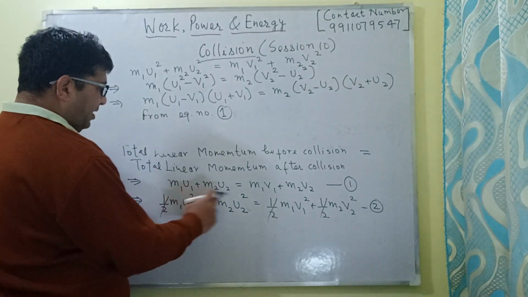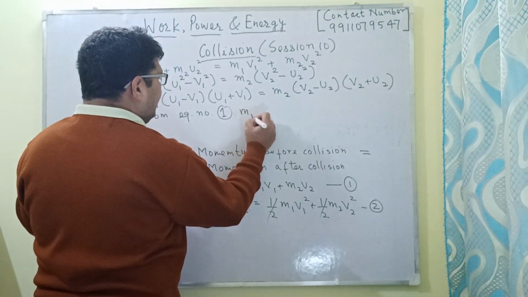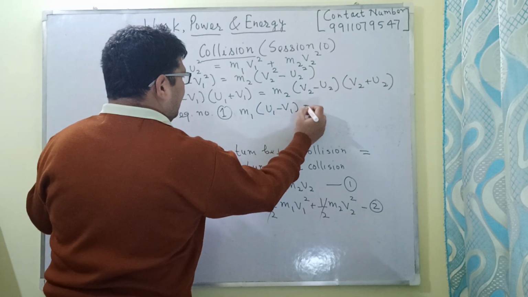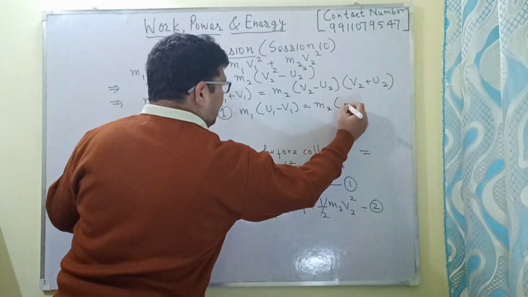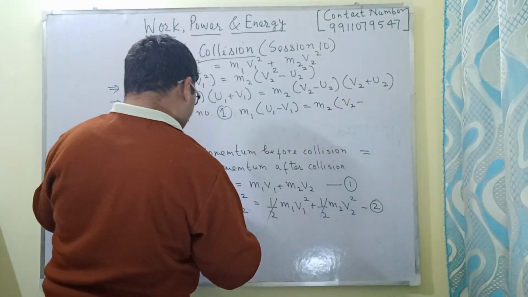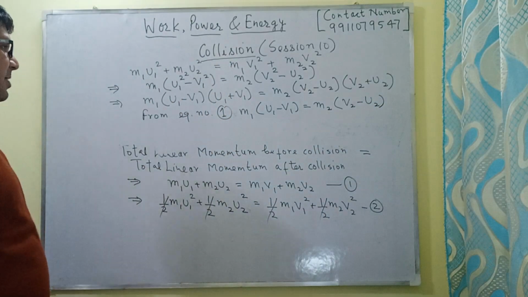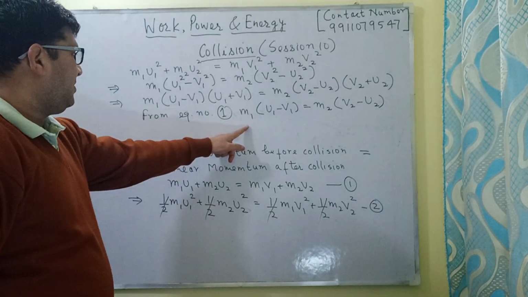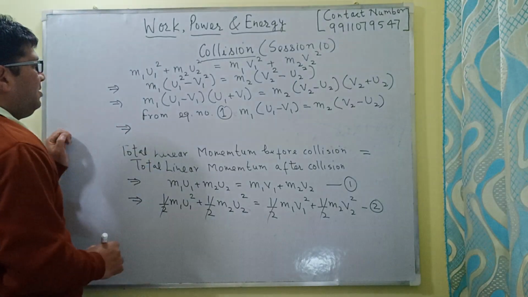So here what I will be doing is I will be taking this term on the left hand side. So I will be getting m1 u1 minus v1 is equal to m2 v2 minus u2. So from this equation 1 I have got this relation.